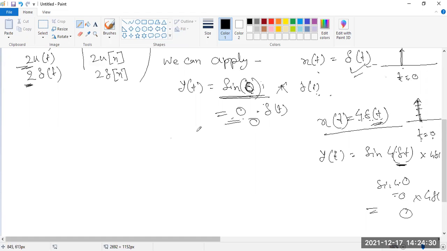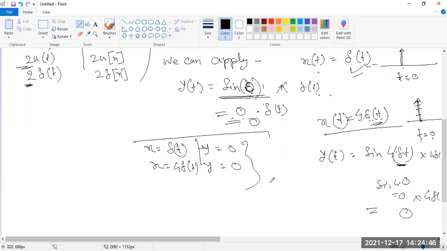So you can see that when x equal to delta(t), y equals 0, and when x equal to 4 delta(t), y also equals 0.